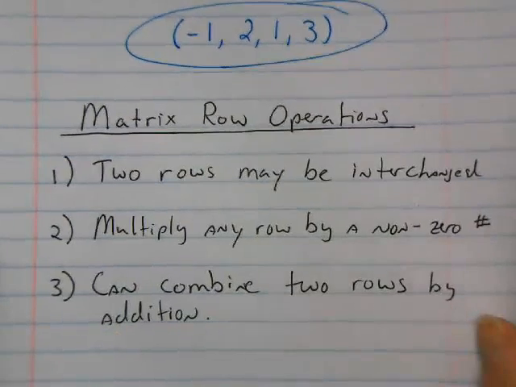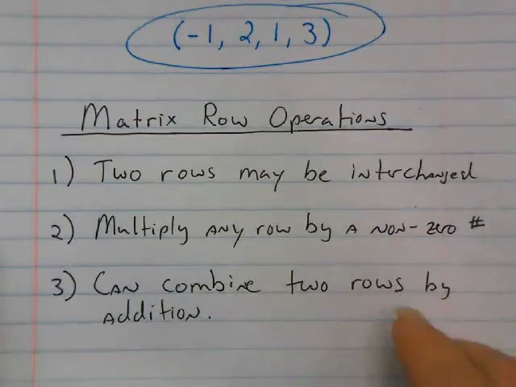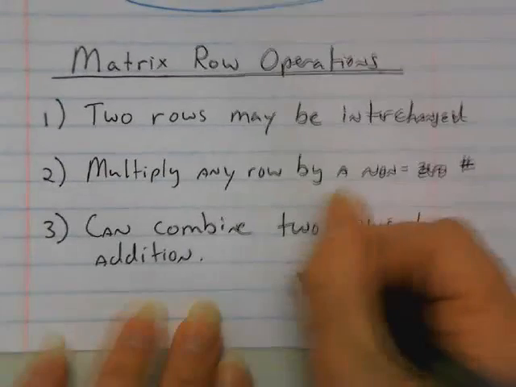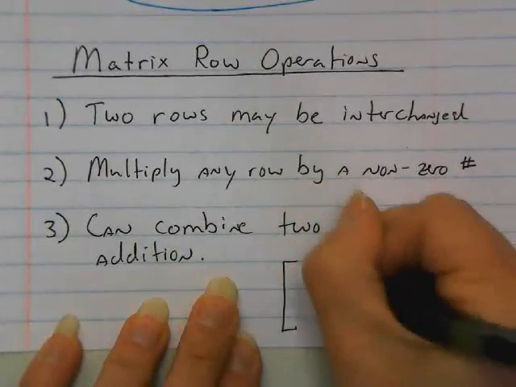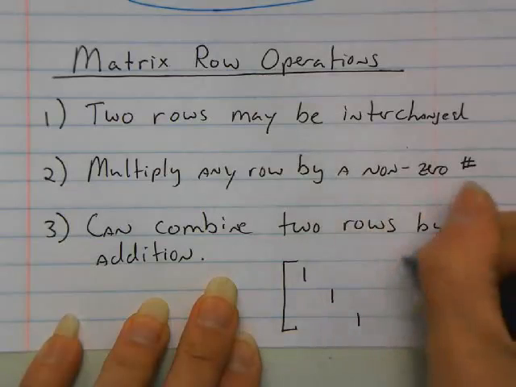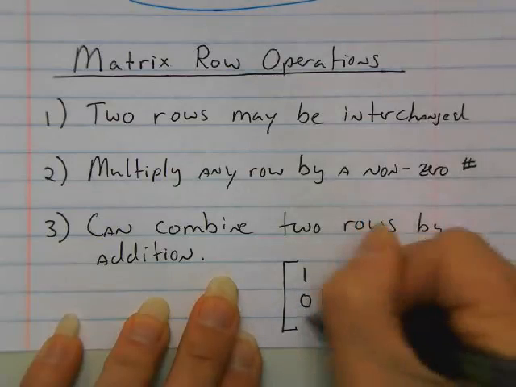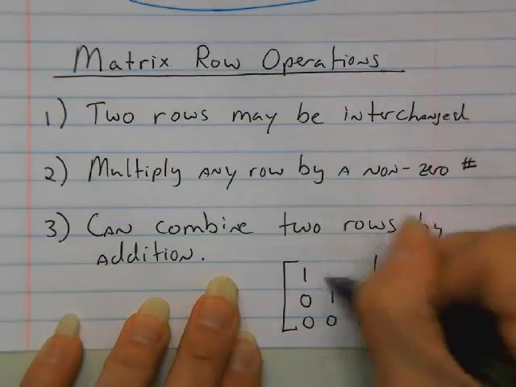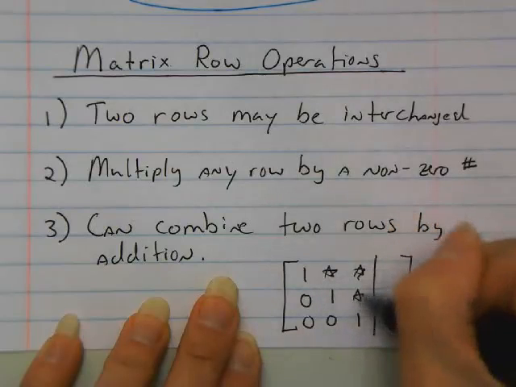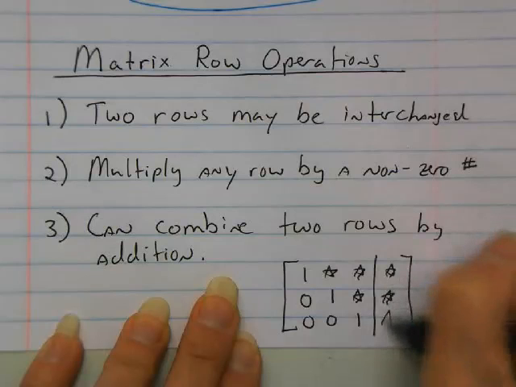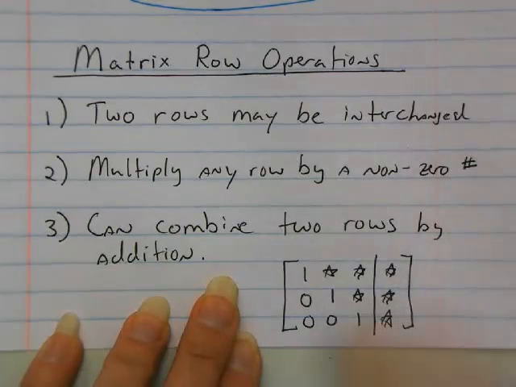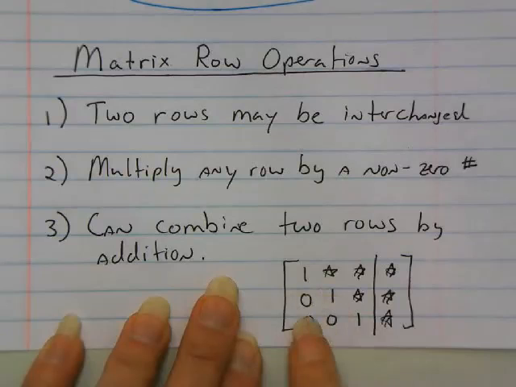What you want is to do all this manipulating so that you end up with a matrix that has 1s on the diagonal and 0s on this side. I could care less what numbers end up in these stars. But I need 1s on the diagonals and 0s below.